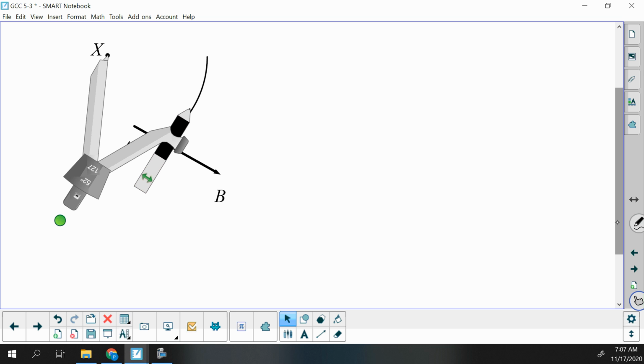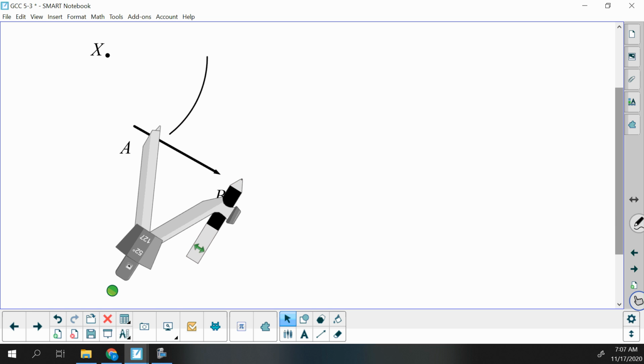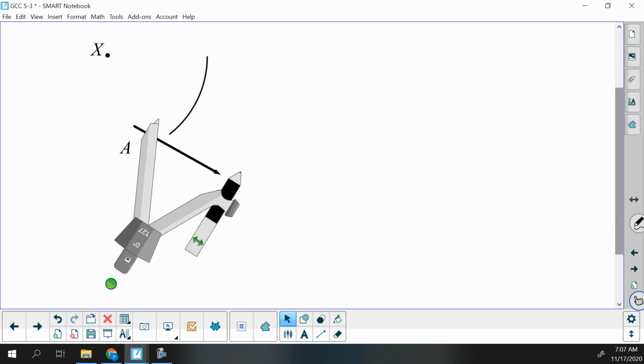So that's telling us how far it's going to shift from X. So that's always the first step.